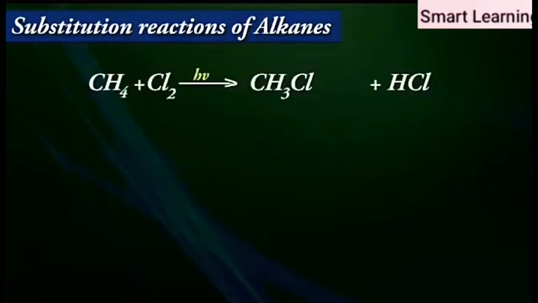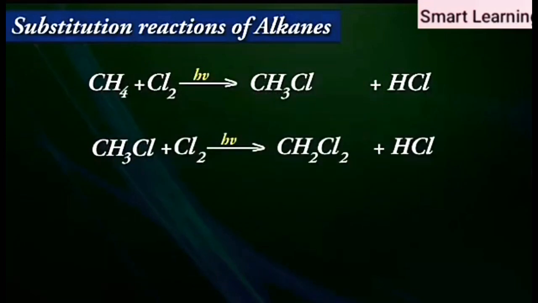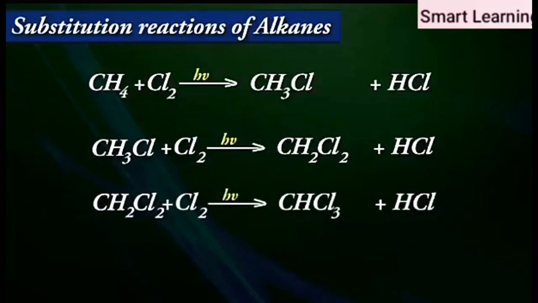Methane on reaction with chlorine gas in the presence of sunlight produces chloromethane, thereby eliminating one molecule of hydrogen chloride. It is important to understand that the reaction will proceed until all the hydrogen atoms are replaced by halogen.